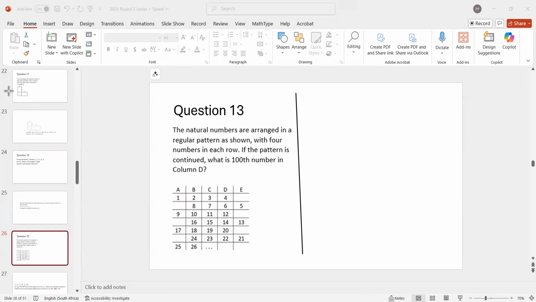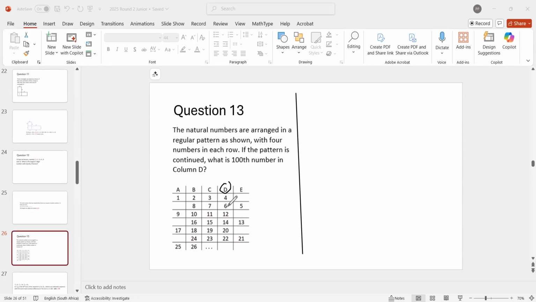So you need to focus your attention on column D. The first number is 4. Second is 6. Third is 12. Fourth is 14. Fifth is 20. Sixth is 22. All right. Now you'll see you've got 4, 6.